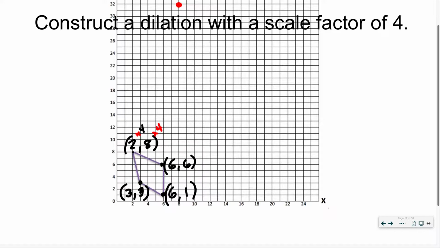Michael, give me one. 6, 6. Good. 6, 6 is going to be what? 24, 24, because I multiply both by 4. So 24, 24 is here.